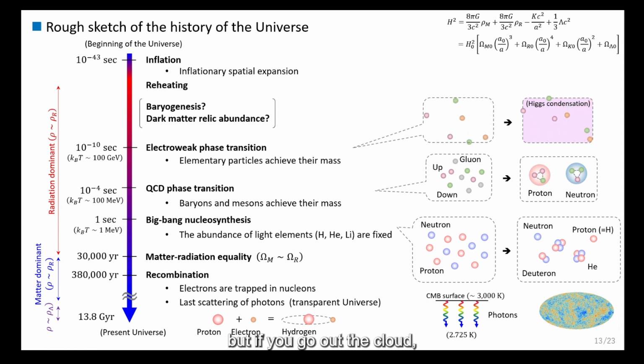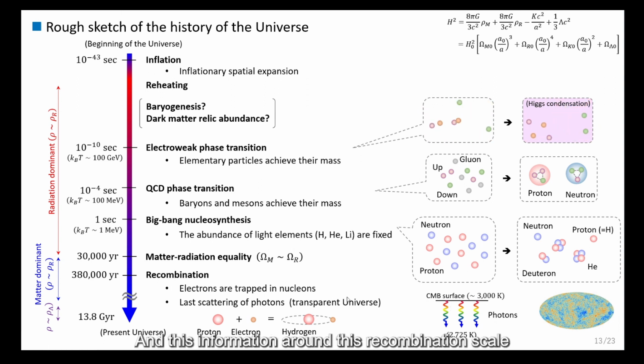But if you go out of the cloud, then you can see very well, because the photon cannot scatter off anything. The situation is the same here. So after the trapping of the protons and electrons, the photon can go straight.